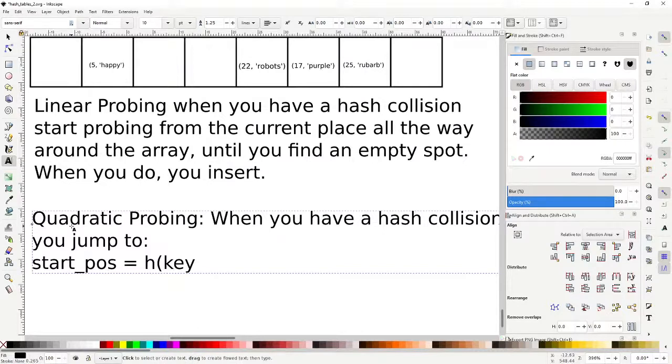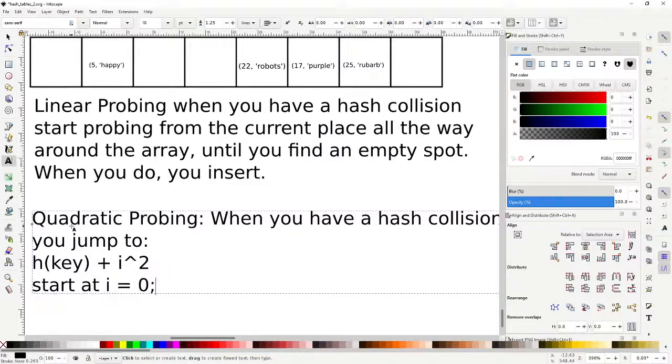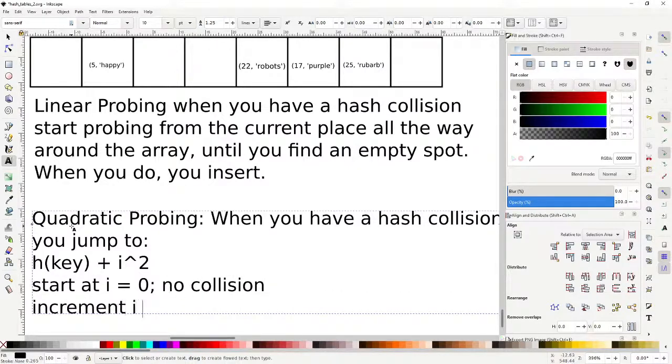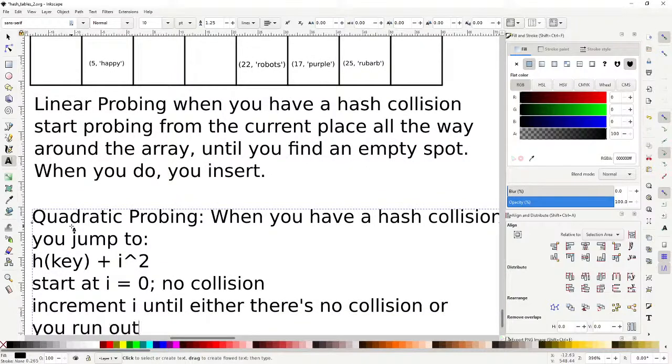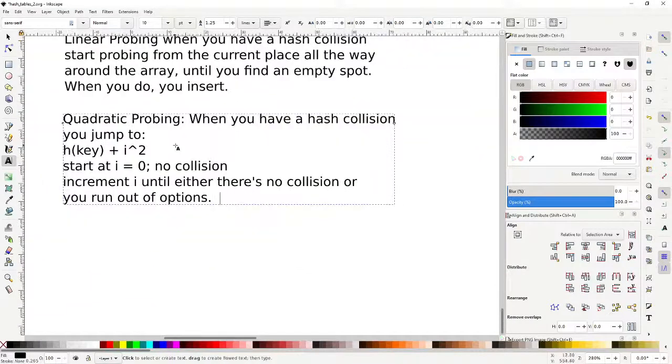So you'll do hash value of key plus, it's not i, but it's i squared. The first value, you start at i equals 0, and if that one has no collision, fine. Then if there's a collision, you increment i until either there's no collision or you run out of options.